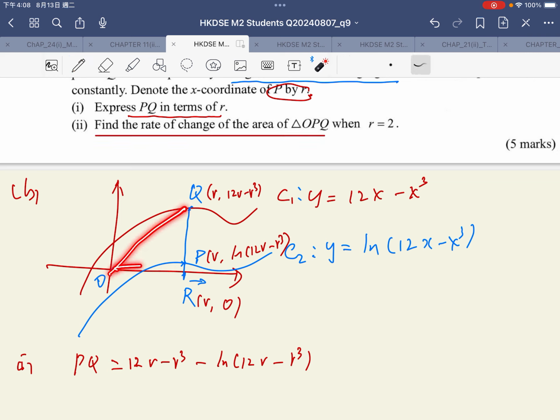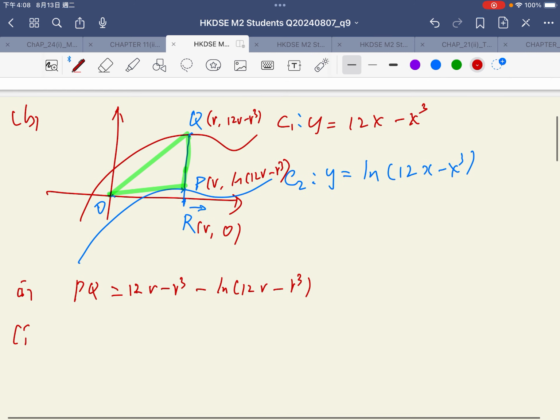This triangle has base PQ and the height equal to r.